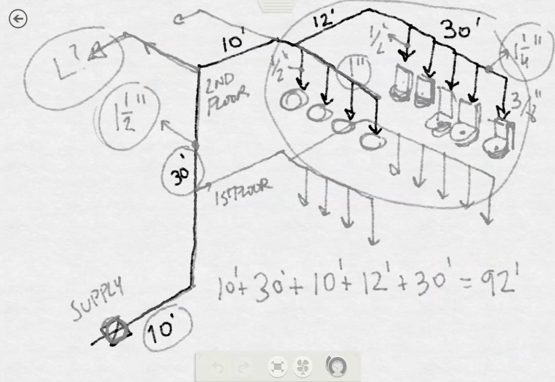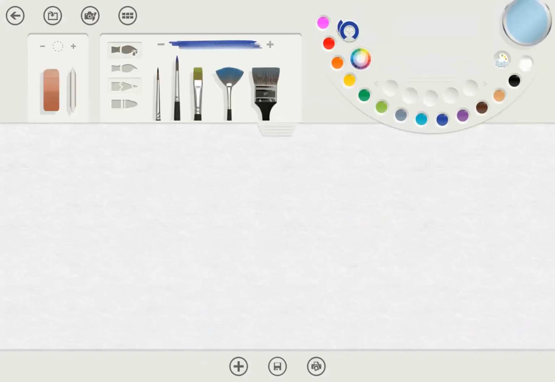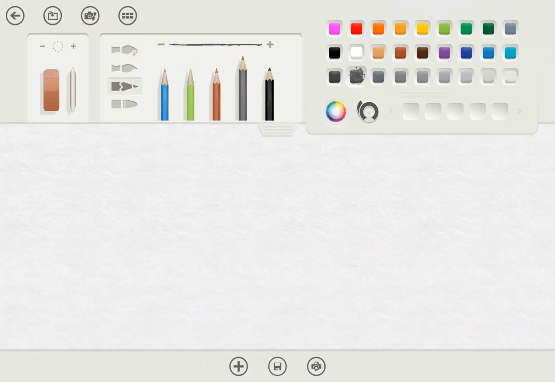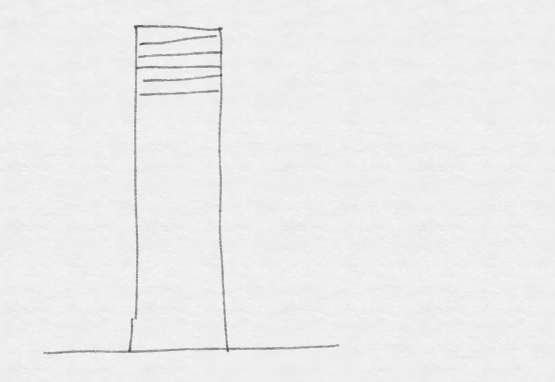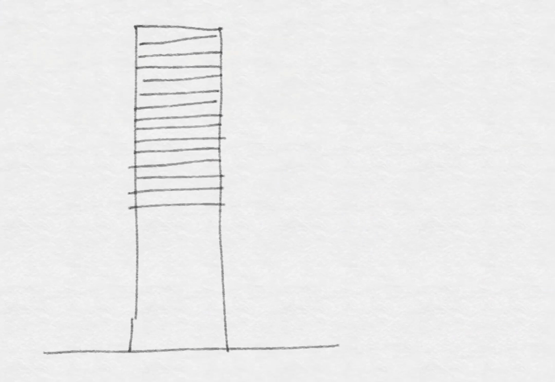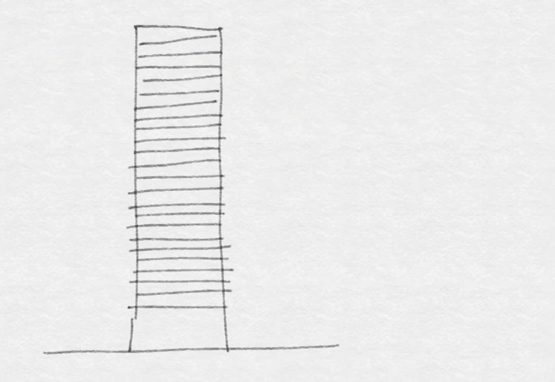Okay, so if we're dealing with a high-rise building, I don't know, with 50 floors or more, the best option is to divide the building into sectors.